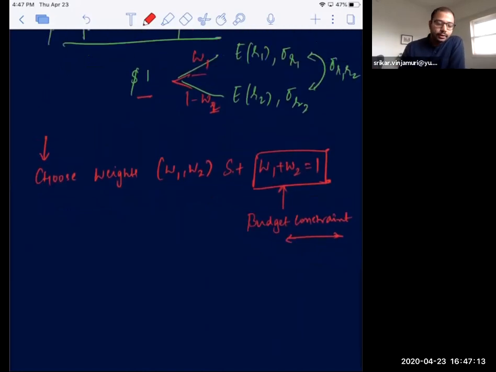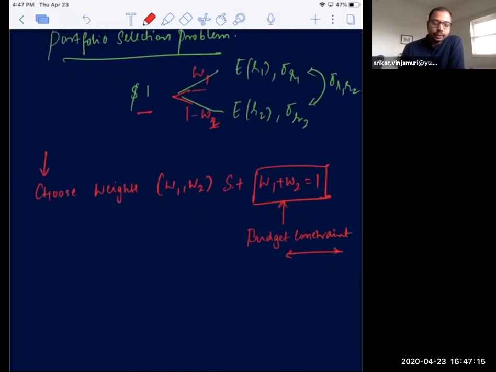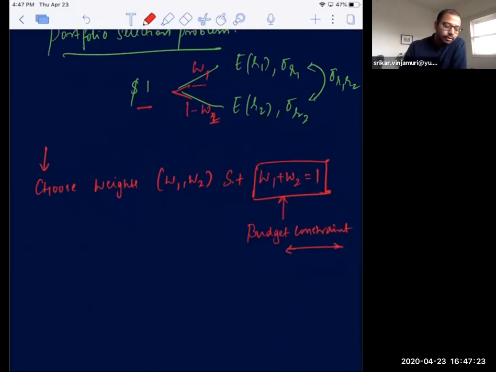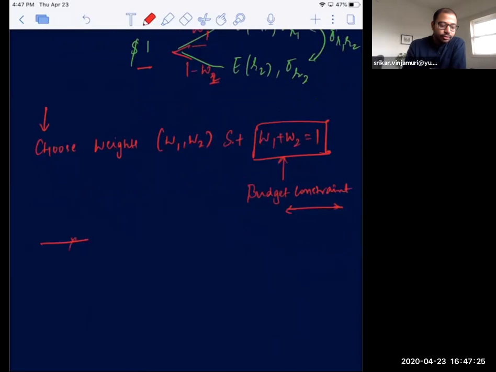All right. So far, so good. Now, what is the criteria on which I make this choice? What am I trying to optimize for? So that takes us into this notion of the portfolio return.